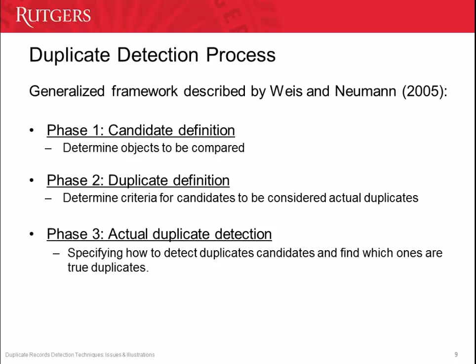The second phase is duplicate definition. This is when we decide on the criteria based on which 2 duplicate candidates are in reality duplicates. These are the attributes that are considered relevant in the identification of duplicate records. So for example, you decide that for candidate A and candidate B to be considered as duplicates, they must have identical or similar name, address, date, and amount.